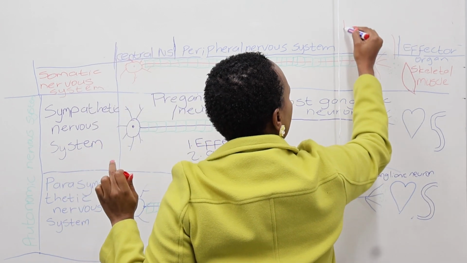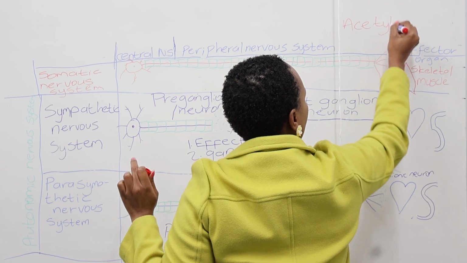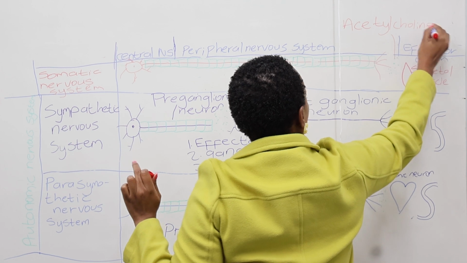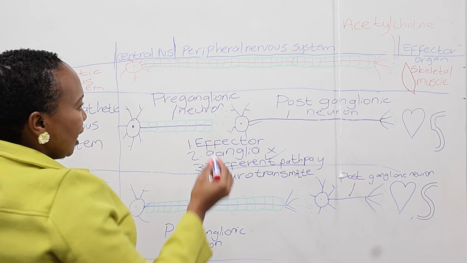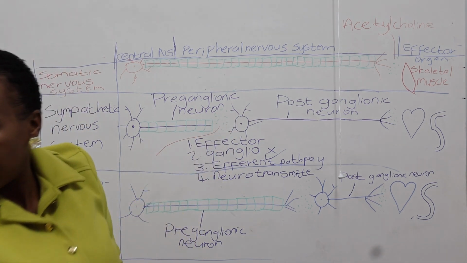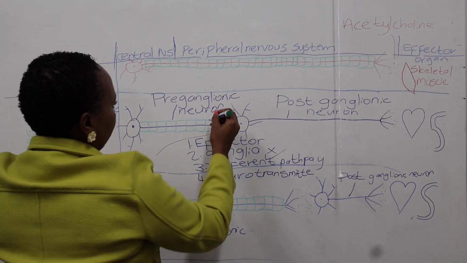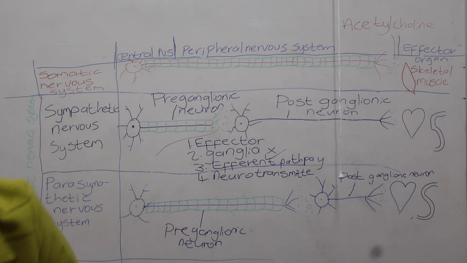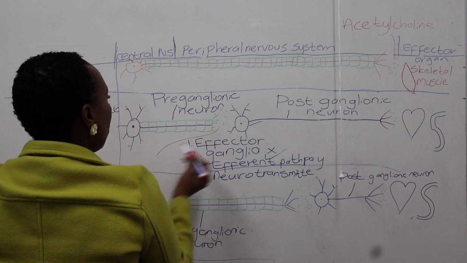It is called acetylcholine. There is also a neurotransmitter released by the preganglionic neuron.